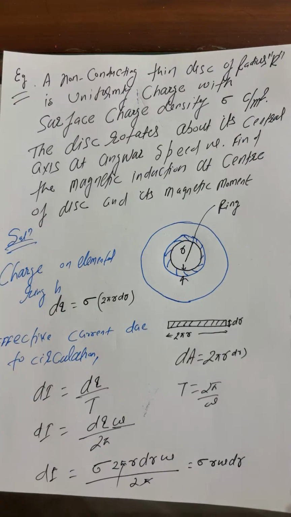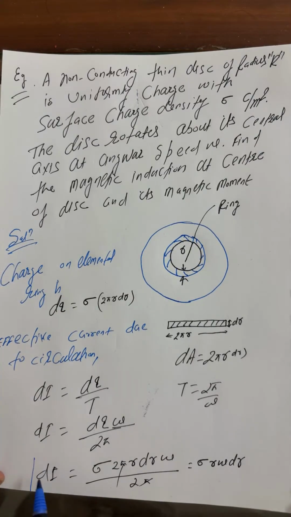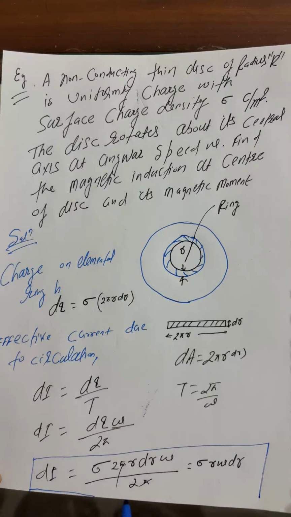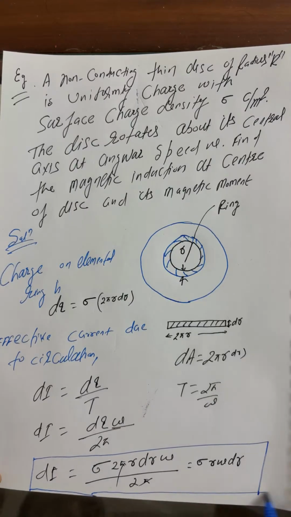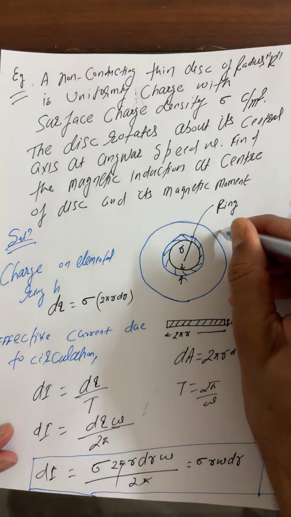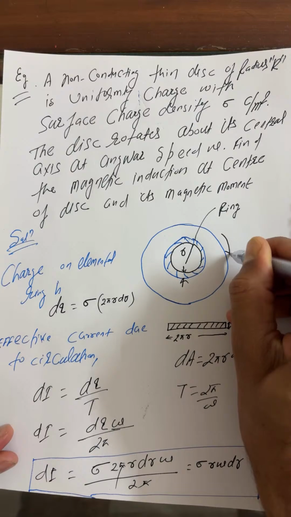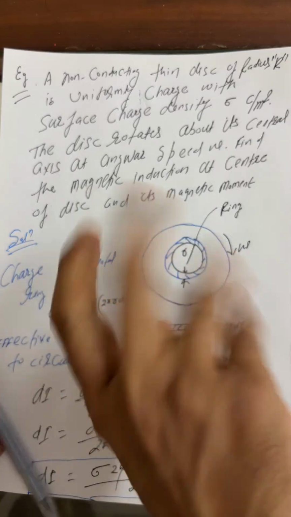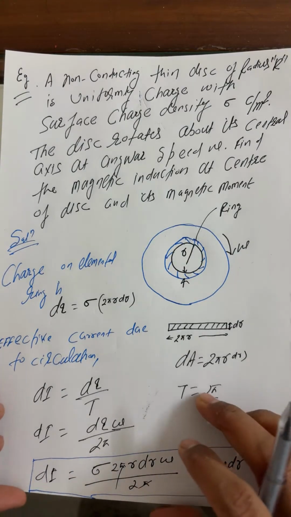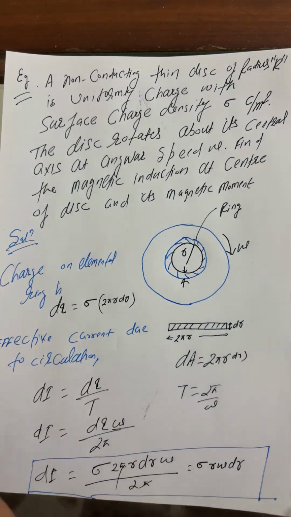So finally, this is the expression of the effective current due to circulation. I can also show this is the direction of circulation of the ring. Now we can write the expression of dB, because we are doing all these things for a small element.